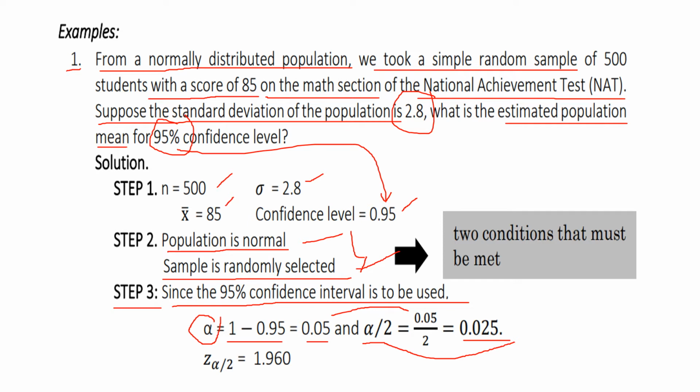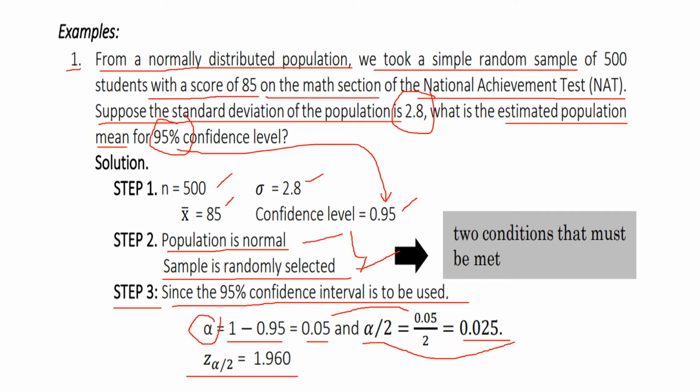Now, a while ago, I said that it is important for us to memorize the values of the most commonly used confidence intervals and their corresponding critical values, because even without your C table, we can give the value of your critical value as long as we know how to compute for the value of your alpha over 2.